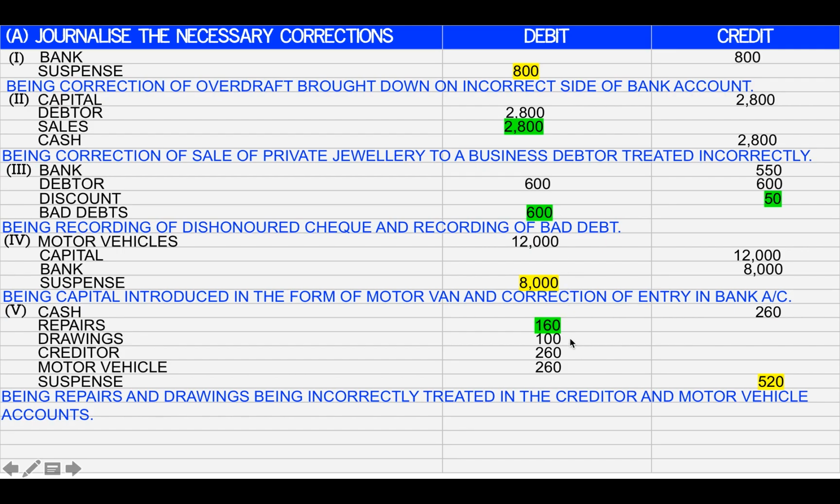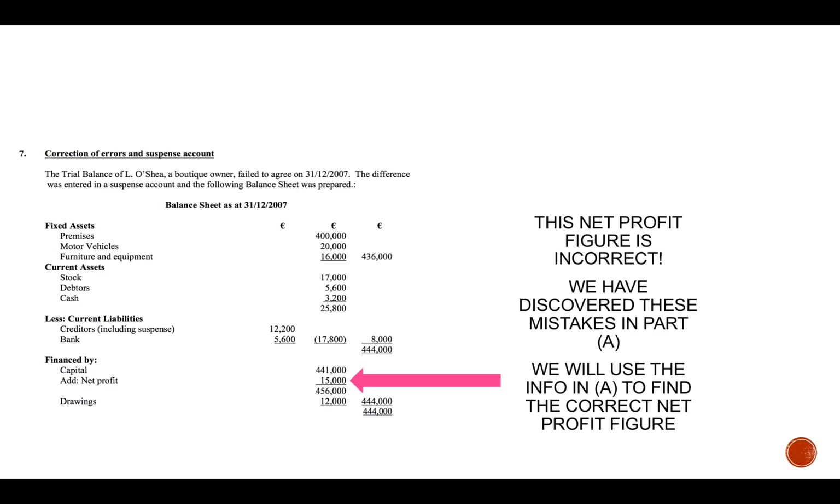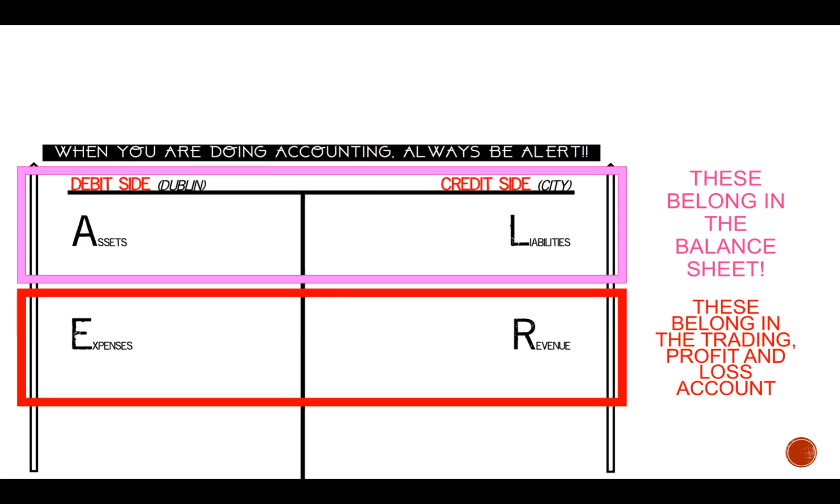And then in part 5, you have repairs, €160 there. Okay, so you've only 4 figures here. Now, remembering in your balance sheet, you have a net profit figure here, €15,000. So this figure is incorrect because as we've seen in part A, we have adjusted those 4 or 5 trading profit and loss figures, whatever we had. And so we're going to fix them now.